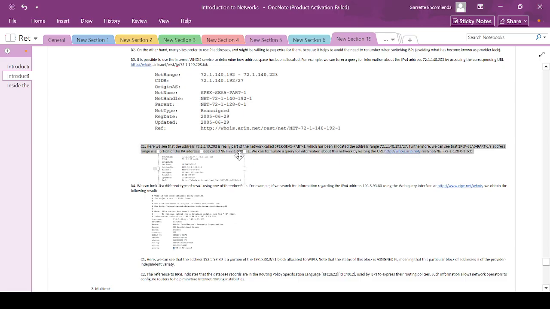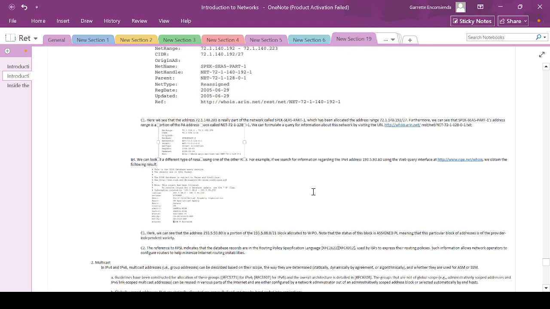Here we see that the address 72.1.140.203 is part of the network called SPECSYS-PART-1, which has been allocated the address range 72.1.140.192/27.